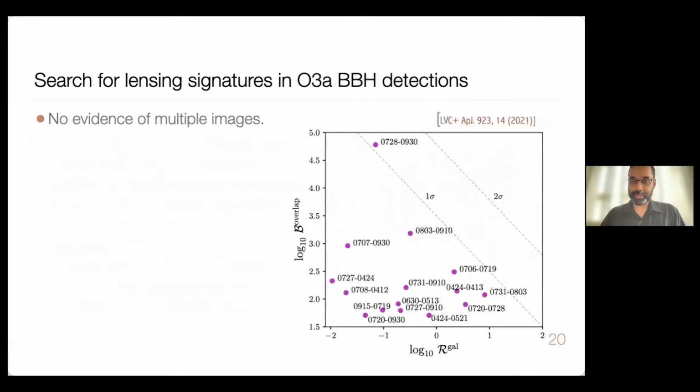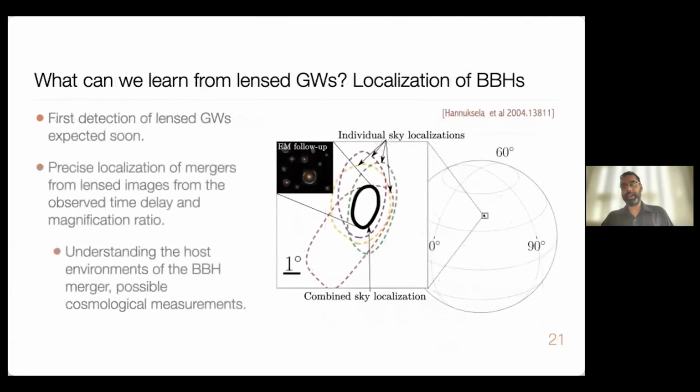So that was some excitement, and the analysis was repeated using data from the first half of the third observing run also. Again, there were no candidates found with any real significance, again, less than 2 sigma or so. So far we have not found any evidence of multiple images.